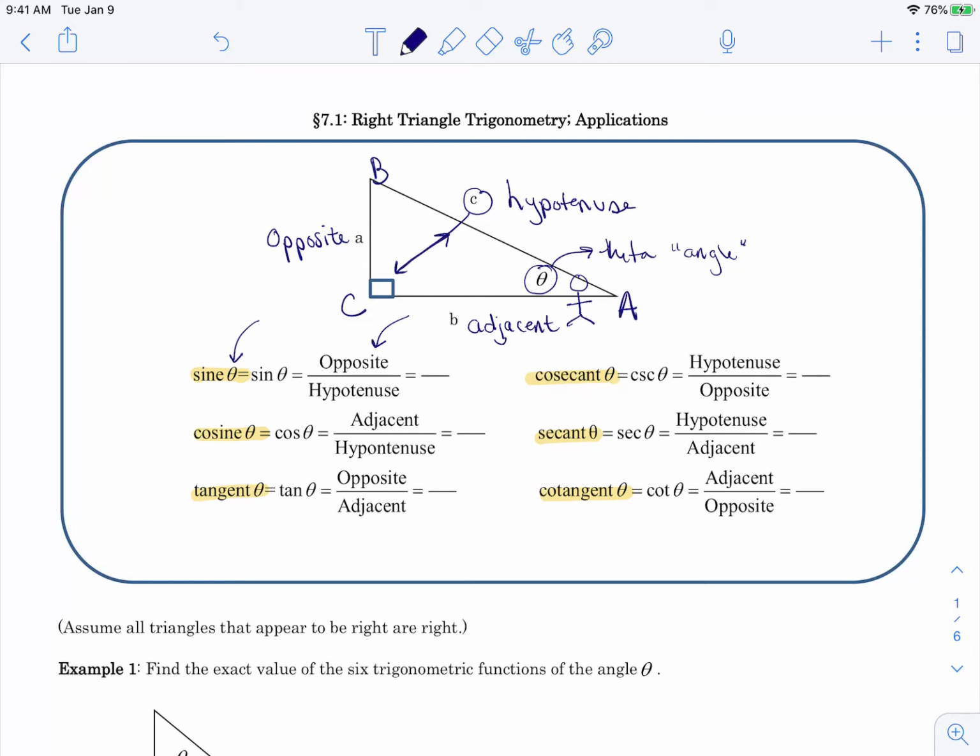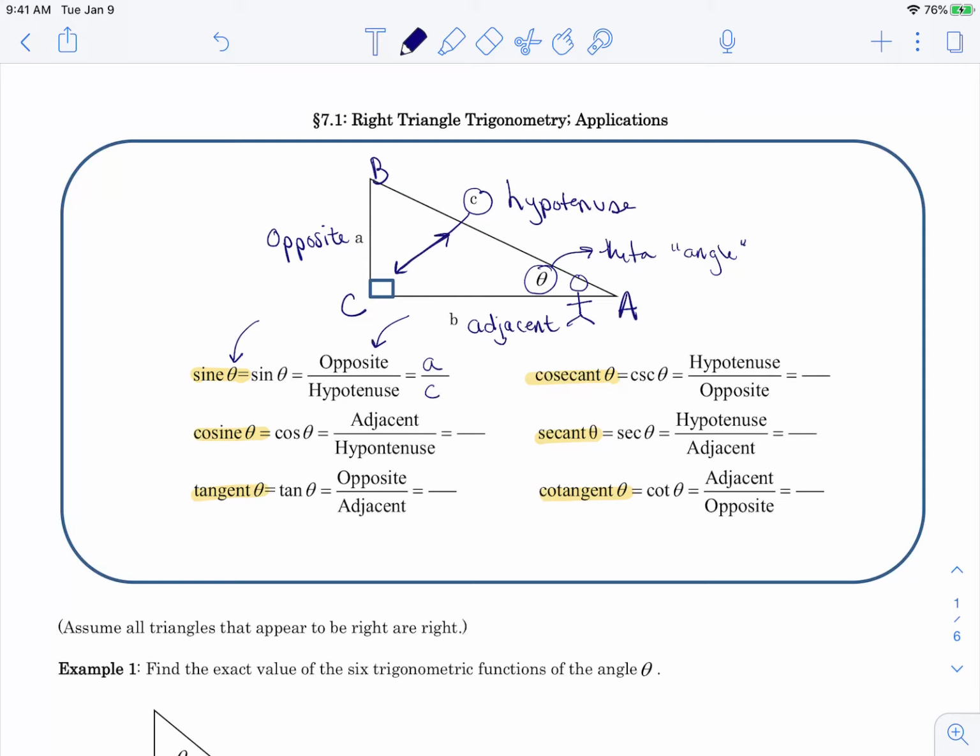Now realize that changes depending on where you stand. If you stand up here, no longer will A be opposite. So it all depends on where your theta is. So I want to know here what ratio in terms of A, B, and C is opposite over hypotenuse. Well, opposite theta we decided was A, and hypotenuse is C.